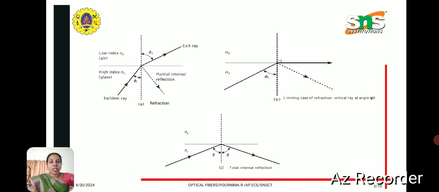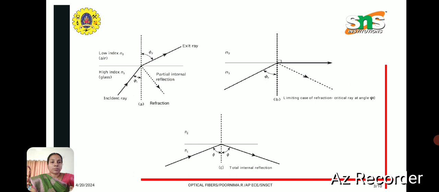In the second diagram, the wave is incident at an angle phi c, known as the critical angle. It is the angle at which the ray is transmitted and travels parallel to the interface on the other side. This is known as the critical ray.